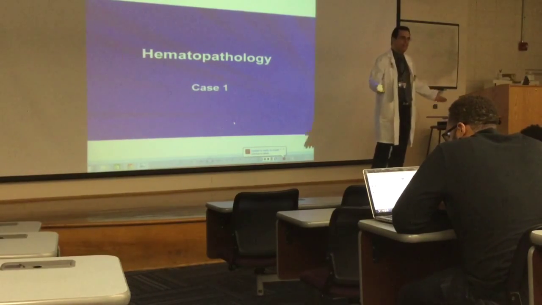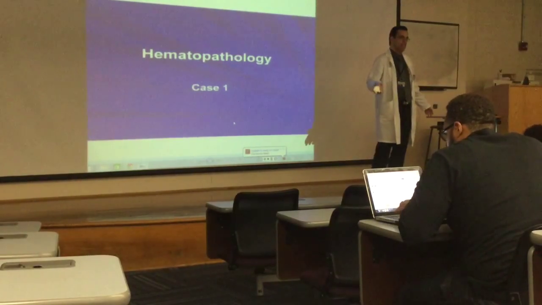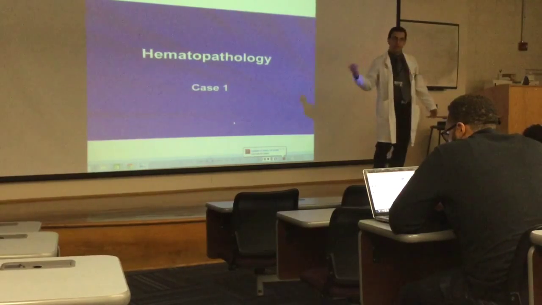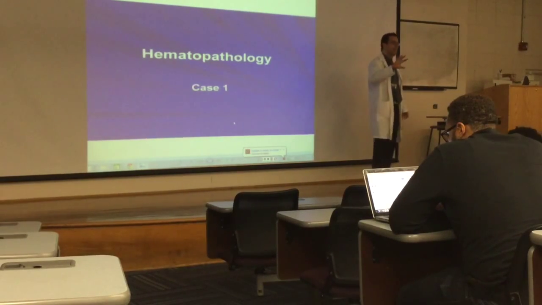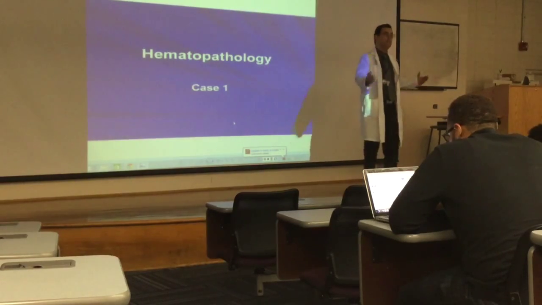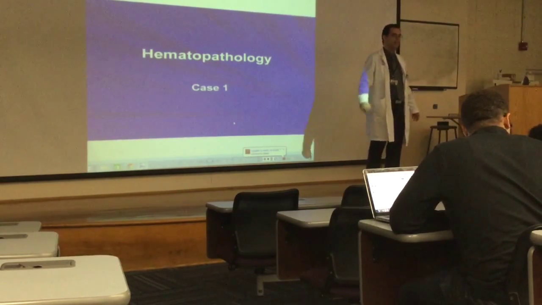Now, that's not really the cause of anemia in anemia of chronic disease. That's the secondary change. The cause is direct suppression of the marrow by cytokines. But we're going to talk about the effect on iron metabolism because they love to ask you, because it can always be mistaken for iron deficiency anemia.